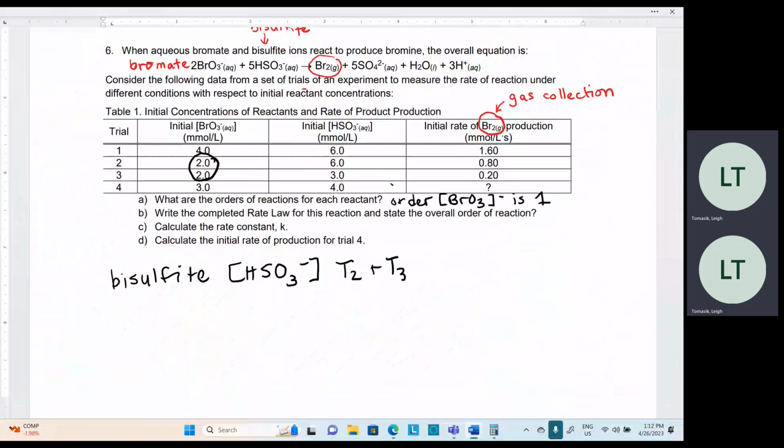You always have to choose your trials so that the other thing has no effect, so you want the concentrations of the other thing to be the same, not the thing that you're trying to find.